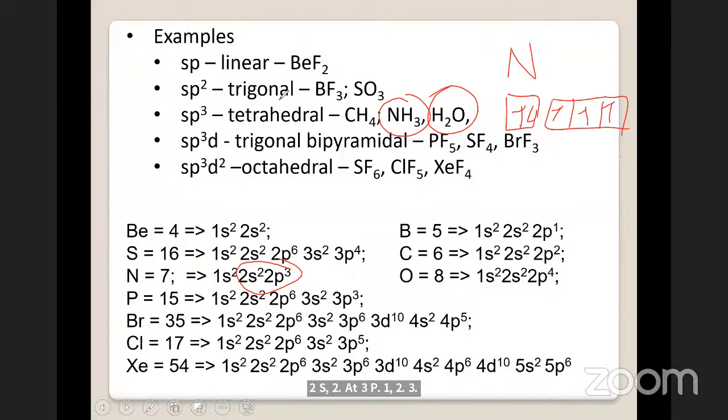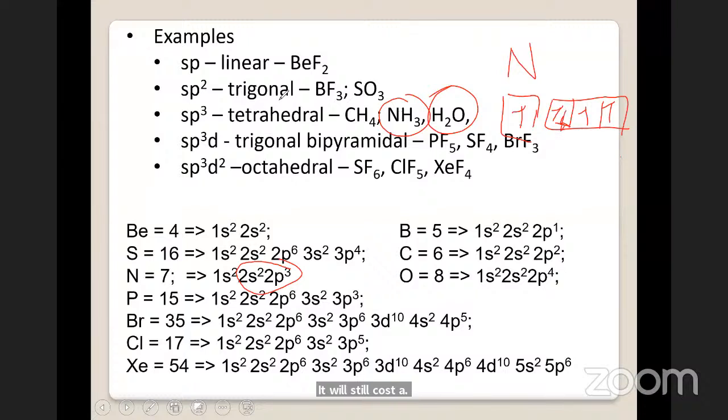Because this is in the second row, there is no 3d close to it. And because there's no 3d close to it, when you have this electron pair repelled to that, the electron pair that repels will still cause a pair here.